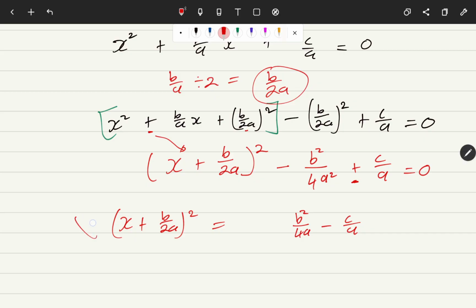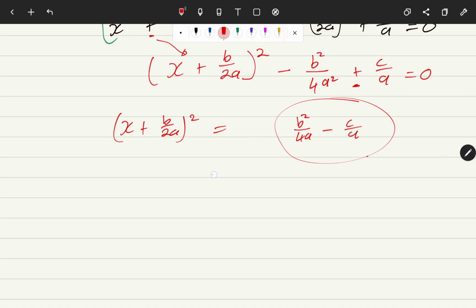of course the next step will just be us putting the square root, but I don't want us to do that first. I just want us to add this thing here. So in order for us to add it, I have b squared over 4a squared, and I'm going to minus c over a.